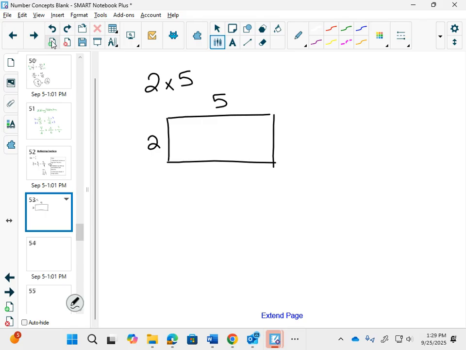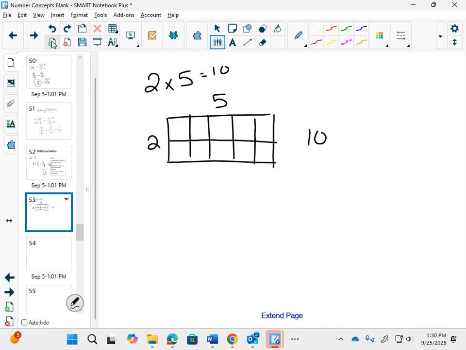And if we wanted to count the area of that rectangle, that's 2 by 5, you would count the squares and you would find out that the area is 10. And you know that 2 times 5 is 10. Area is a way of showing multiplication. Area of rectangles is always length times width, so multiplication comes up with that.